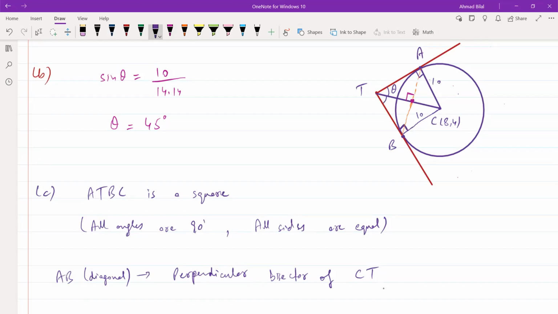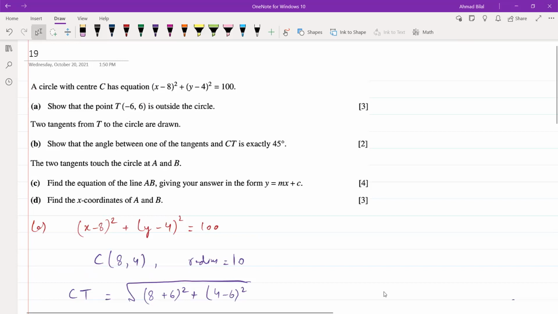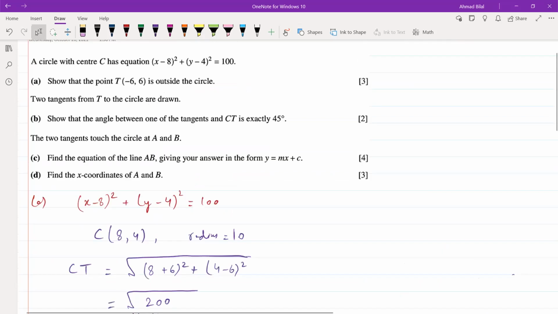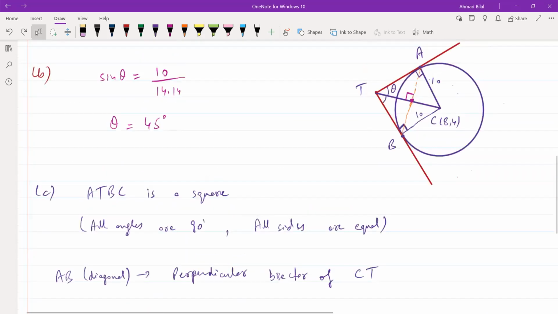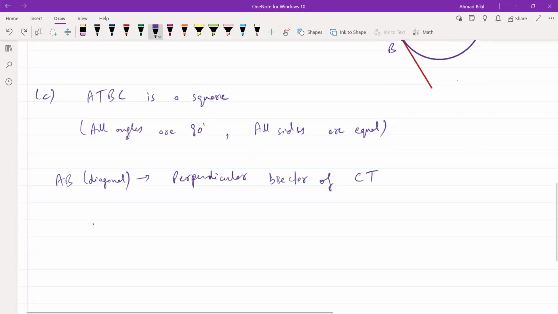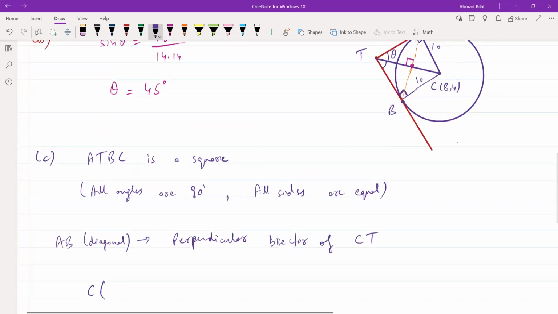तो जो CT line है, हमें C के coordinates भी पता है, हमें T के coordinates भी पता है. We don't really need to know the coordinates of A or B for that. Right? We can just find the perpendicular bisector of CT now. And that's pretty straightforward. We have the center's coordinates, which are 8 and 4.